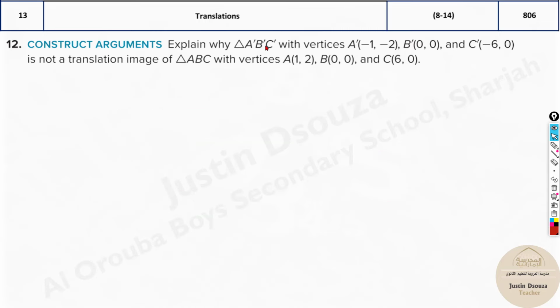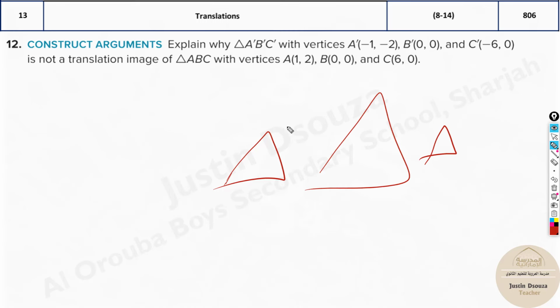Here, explain why A prime, B prime, C prime of this triangle with vertices given over here is not a translation image. See, if you want to translate a triangle, remember this transformation happens when the shape remains the same. It does not change. It cannot be big or small. That is enlargement or reduction, not gonna happen.